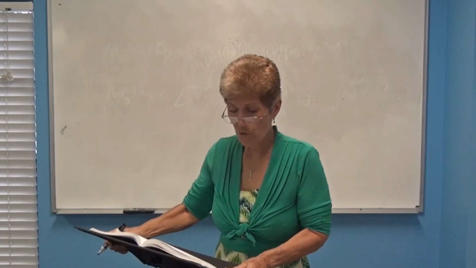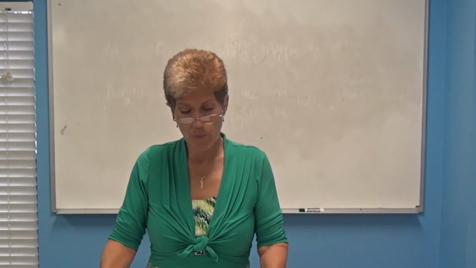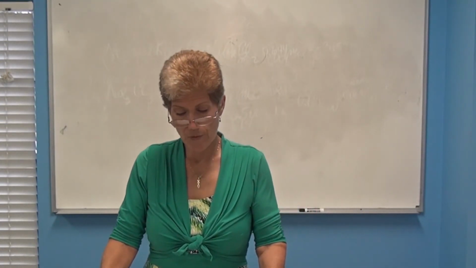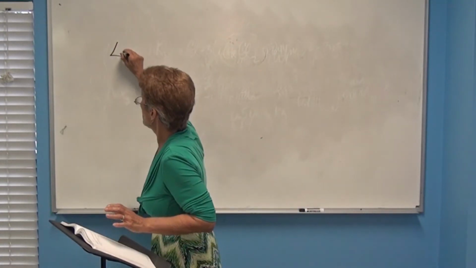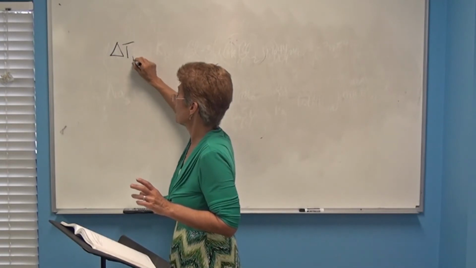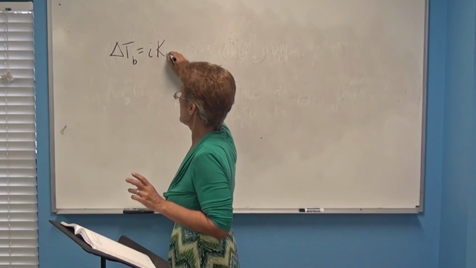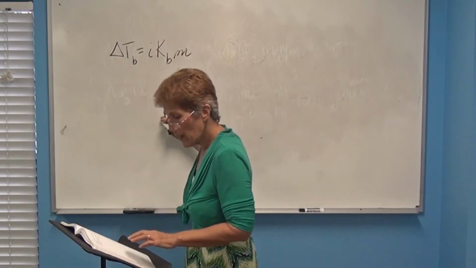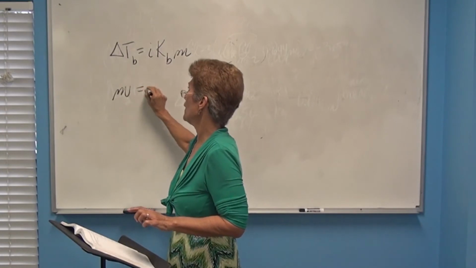Number 14, a solution of C2H4O dissolved in water has a boiling point of 101.6 degrees Celsius. What is the molality of the solution? Well, you know that the boiling point elevation equals IKBM. And we want to know the molality, so I'm going to solve for the molality.